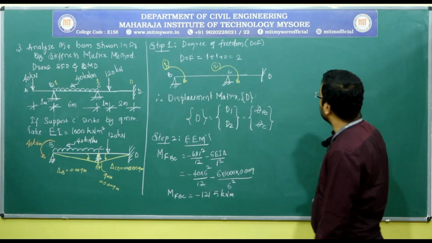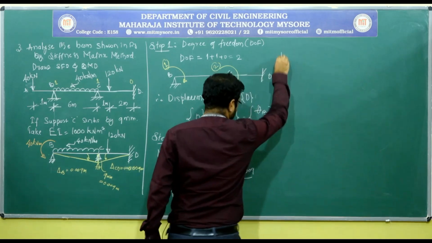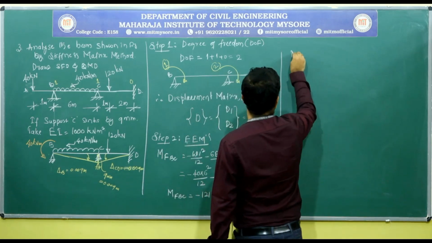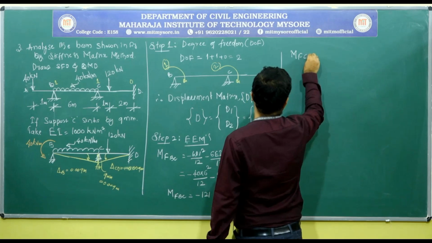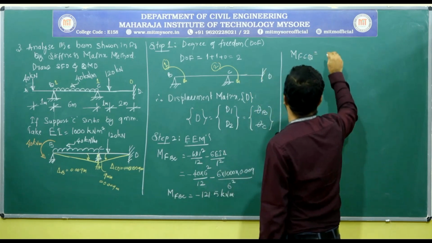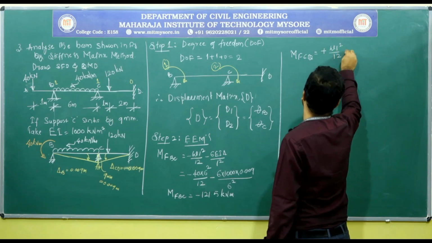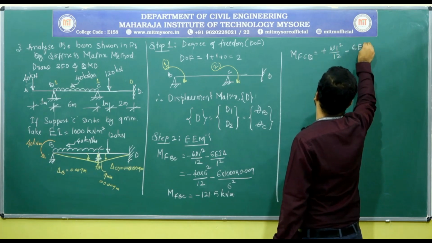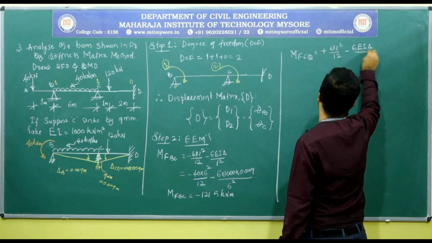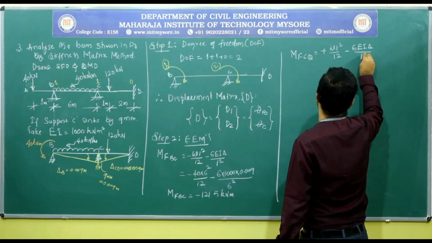Similarly, I need to work out the other fixed end moments, that is MF CB. So MF CB is equal to plus WL square by 12 minus 6 EI delta by L square.